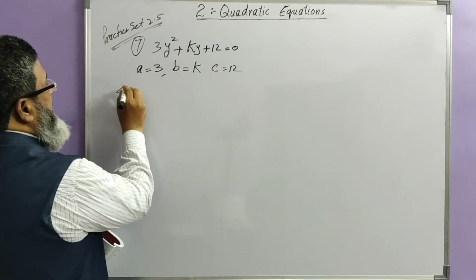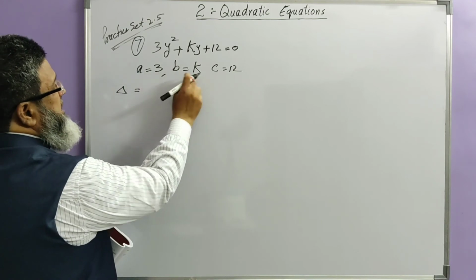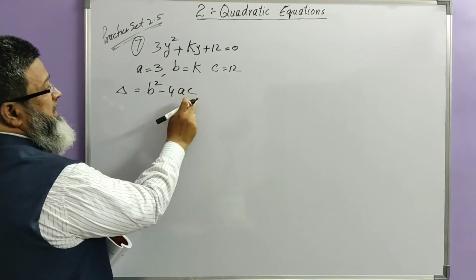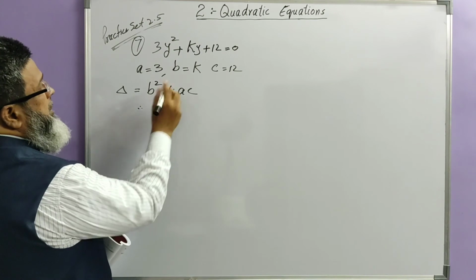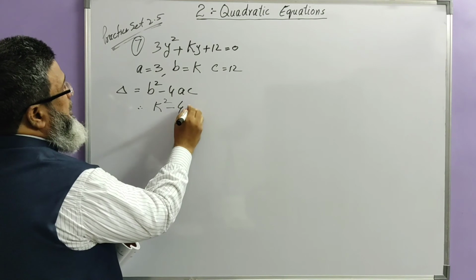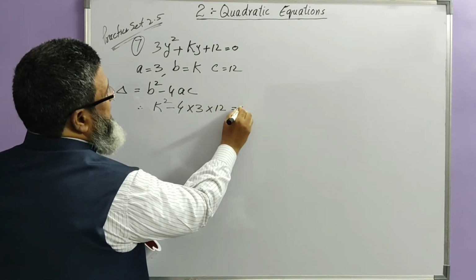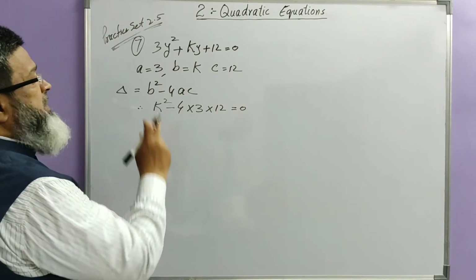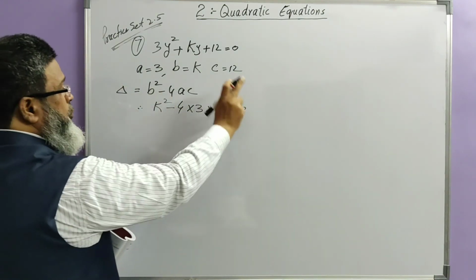So delta is equal to 0. So what is delta? b square minus 4ac. So find the b square minus 4ac. b is k, therefore k square minus 4 into a is 3 into c is 12 is 0. Why is it 0? Because it is given the roots of the equation are real and equal. It means it is 0.